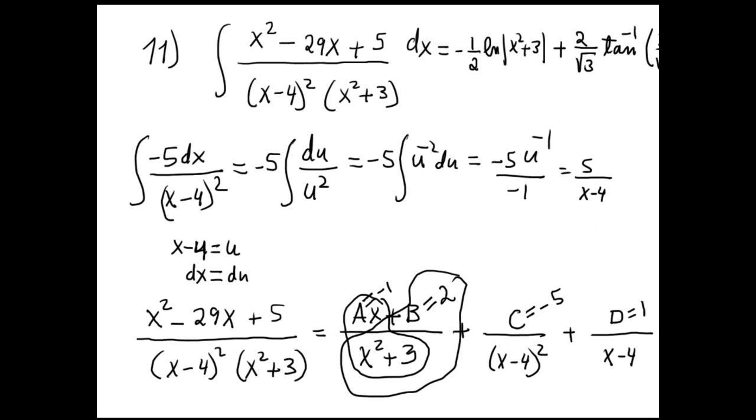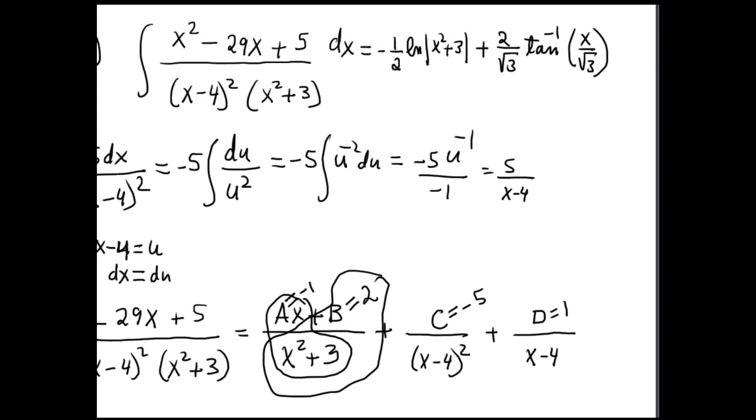So we continue the answer then. The answer is plus 5 over x minus 4. Now the last one.